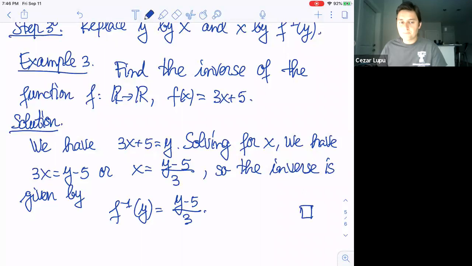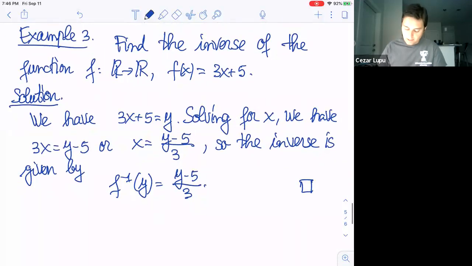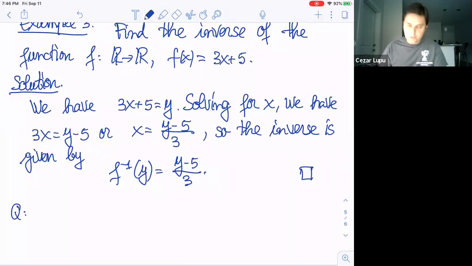Now, I would like to see something graphically about the inverse of a function, and I would like to address the following question.